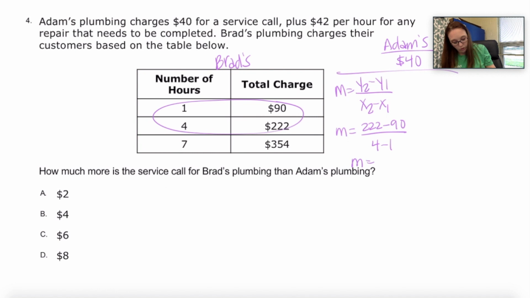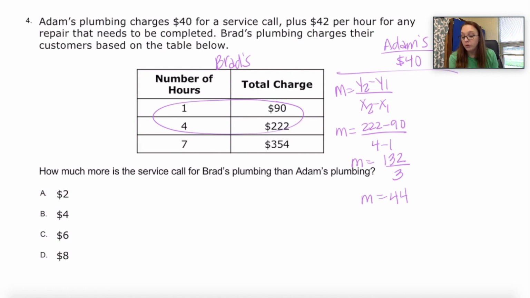So when I do 222 minus 90, I get 132 over 3. And if you type in 132 divided by 3, you're going to end up with 44. Okay, so the service call is not the same as the slope. The service call is going to be the same as the y-intercept.